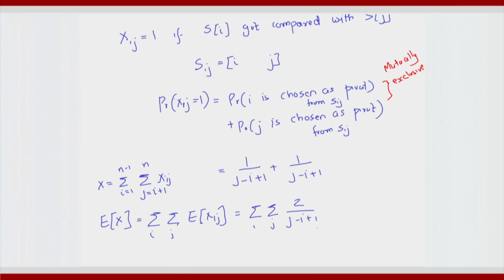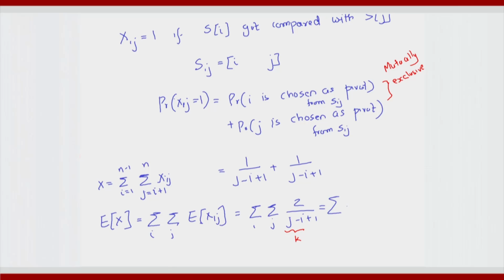Now it turns out that with some amount of reordering and restructuring of the summation, we can simplify this expression. So let us do that very quickly. The first thing I am going to do is substitute for j minus i; let me call it k.